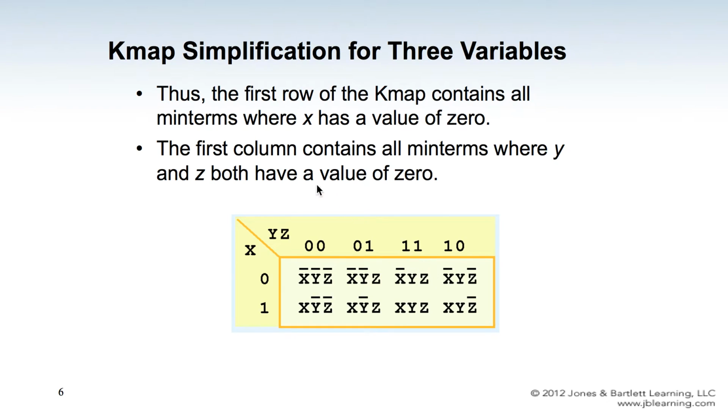And the first column contains all min terms where y and z both have the value of 0, so the first column has x naught, y naught, z naught and x, y naught, z naught, with x being x naught or x corresponding to the different row. So that's the first observation of the K-map representation for 3 variables.